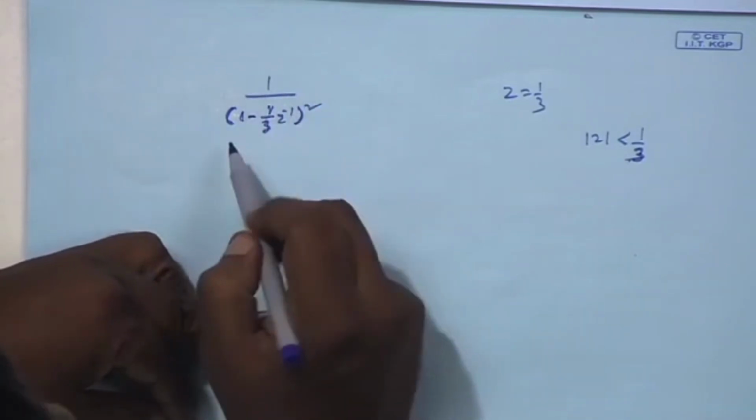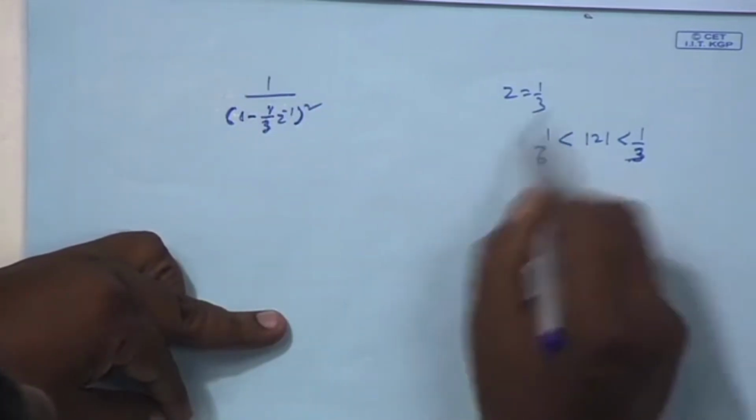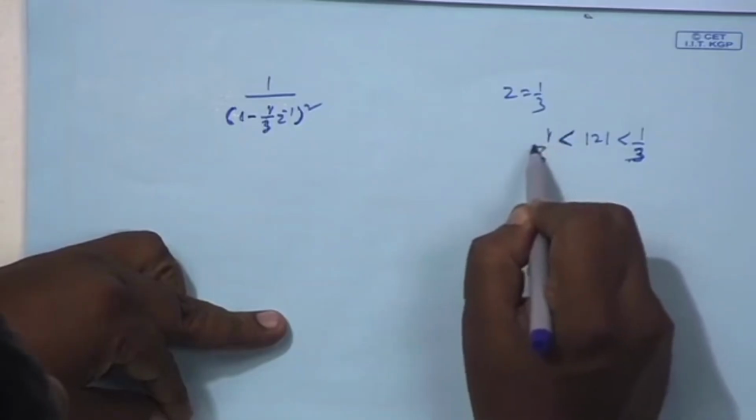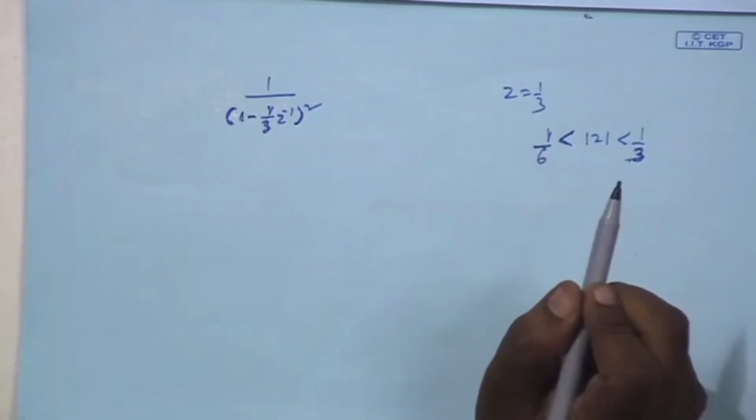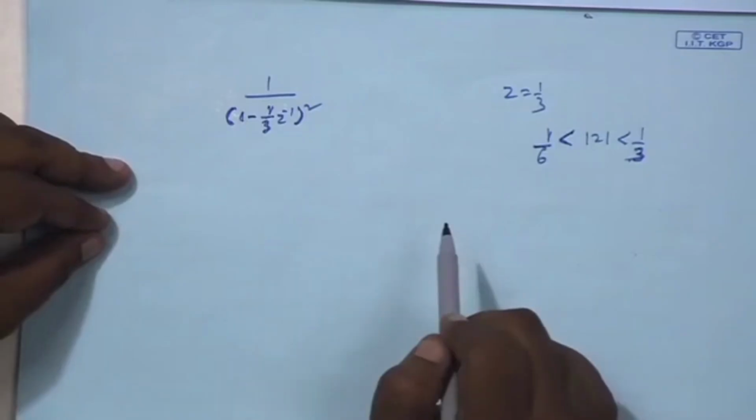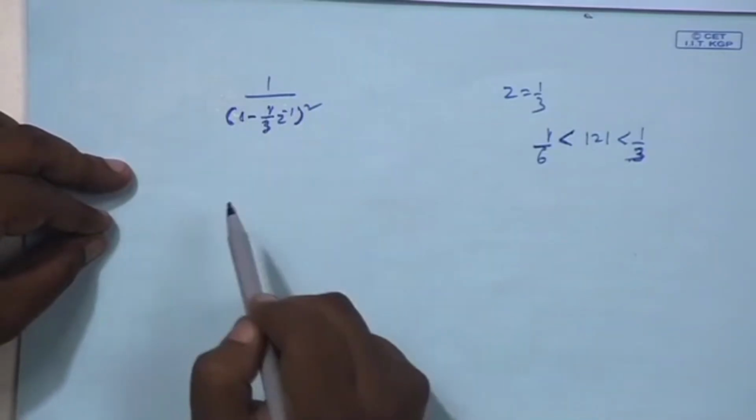This is what was given, mod Z less than 1 by 3 and greater than 1 by 6. So, you have to take mod Z less than 1 by 3 for the ROC.